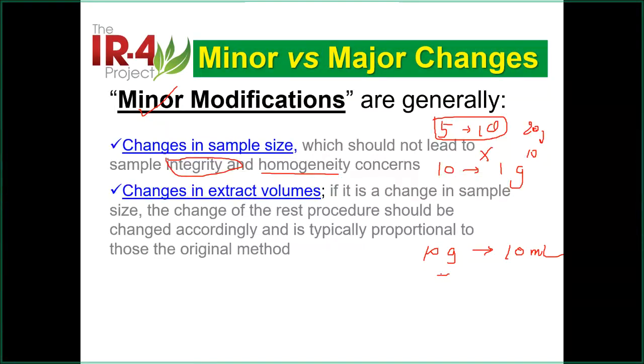But if you use 5 grams of sample, of course, you change it to 5. Then that part is okay. Or you go the opposite way, from 10 to 5, 5 to 10.